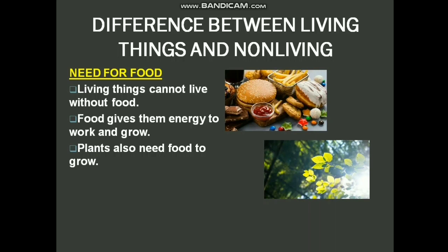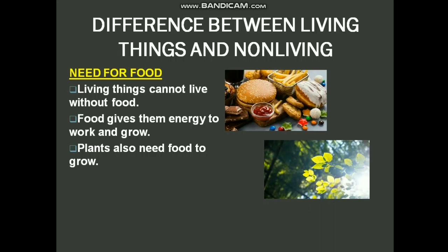No, we can't survive without food because food provides us with energy to grow and to do all our work. Similarly, plants also need food to grow. So plants prepare their own food by using carbon dioxide, water and sunlight. By the process of photosynthesis, they prepare their own food in the green leaves.